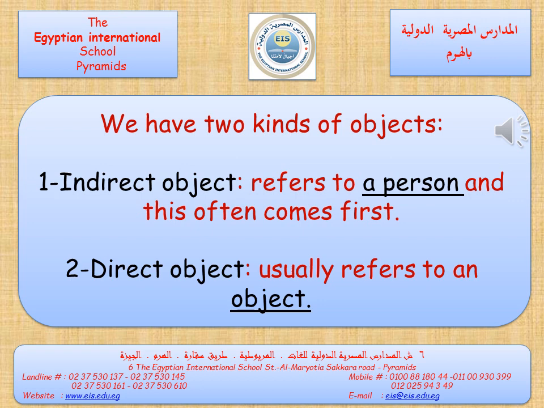So let's recap now. The indirect object refers to a person or people. We use indirect object to talk about people. And the direct object refers to, yes, a thing or an object.